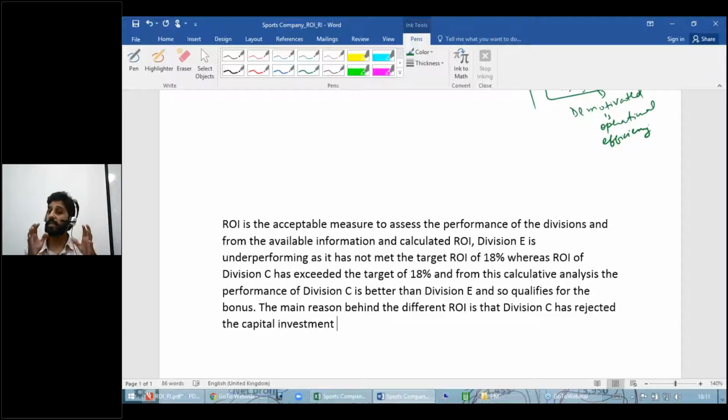When there is a need for capital investment, you should invest, because it's long-term thinking.